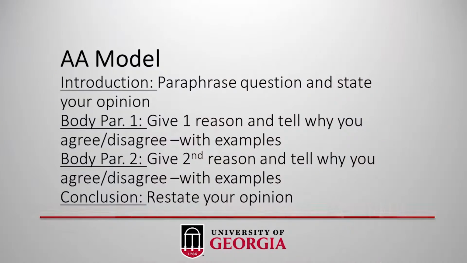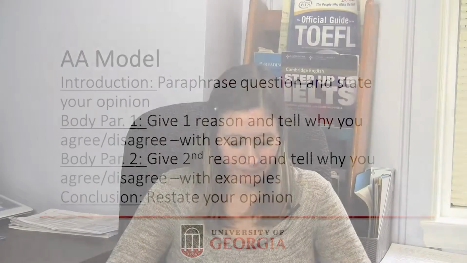So let's look about how you might want to write one of these essays. You can see an outline of how this model is organized on the screen. This is where in body paragraph 1, you will give one reason why you either agree or disagree and the supporting reasons and examples. Then in body paragraph 2, you will give a second reason why you agree or disagree and the supporting reason and examples.